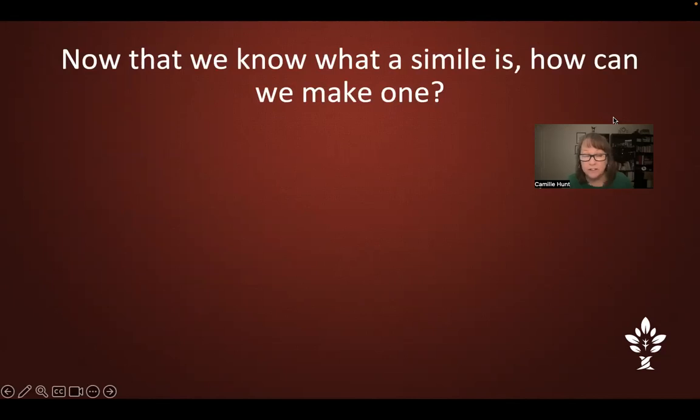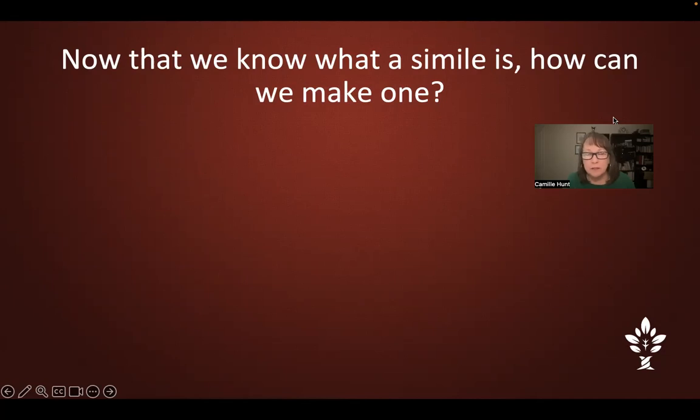And we notice also, I didn't say this while we were looking at the screen, but they all use the word like or as. She was as cool as a cucumber. The waffle is as fluffy as a cloud, or that tastes like something else. So we all have those words in there. They're making an explicit comparison. We are telling someone, this is like that. Very obvious that we're saying that one thing is like another.